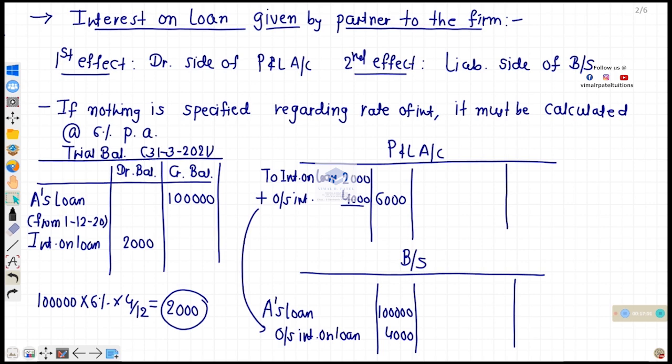So on the credit side of partner's capital you have to write by computer, my additional capital 1 lakh. So if interest on capital is calculated, it will be calculated on this computer also.